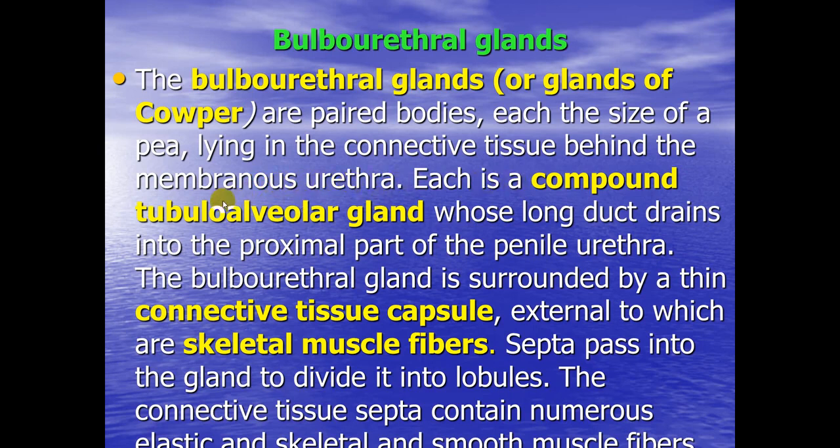It is a compound tubuloalveolar gland whose long duct drains into the proximal part of the penile urethra. The bulbourethral glands are surrounded by a thin connective tissue capsule, external to which are skeletal muscle fibers.